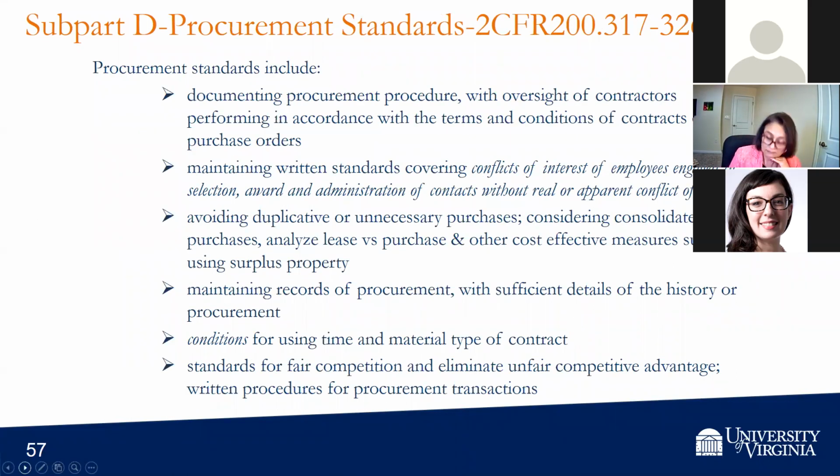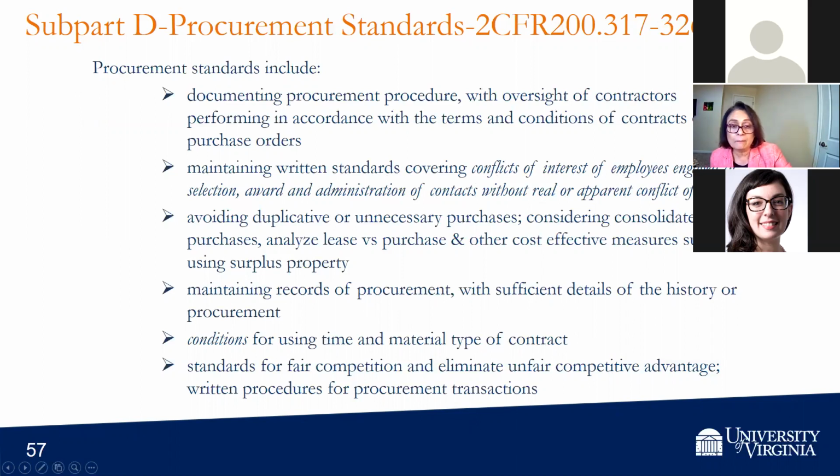Then we have procurement standards between 200.317 to 326, where again we are supposed to have a proper procurement system in place, procedures. We have to maintain standards covering conflicts of interest of employees engaged in selection, award, and administration of contracts without real or apparent conflict of interest.